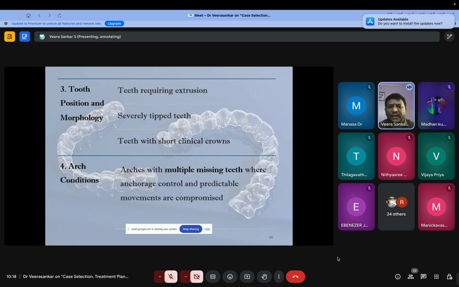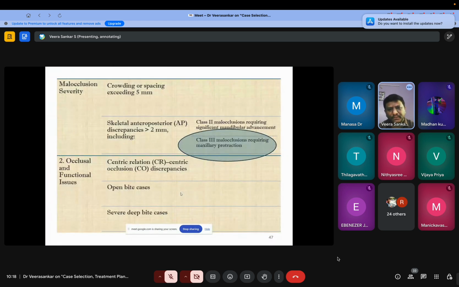Cases with a short clinical crown, because engagement of the aligners over the crown will be difficult, and cases with multiple missing teeth, where anchorage control and predictable movements are compromised. These limitations and indications are for conventional aligners or displacement driven aligners.